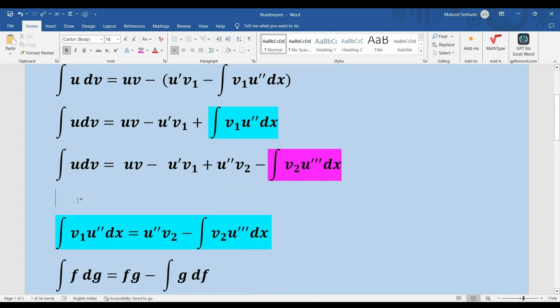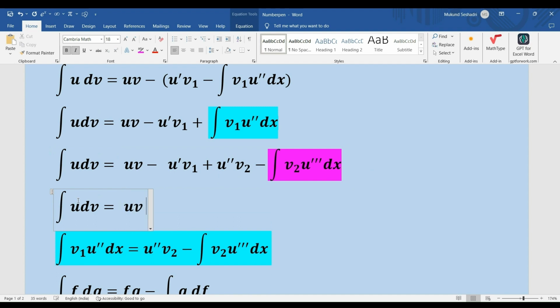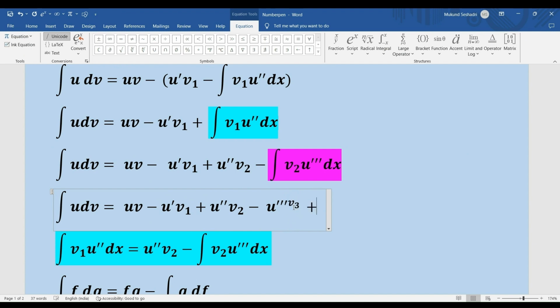Integral of u dv. Now, if I expand it one more time, I get uv minus u dashed into v1 plus a u double dashed into v2. Okay. And then this time I will get a negative sign. So I will have a u triple dash times v3. Okay. And then I have a plus sign now, v3 times the fourth derivative of u times dx, right?